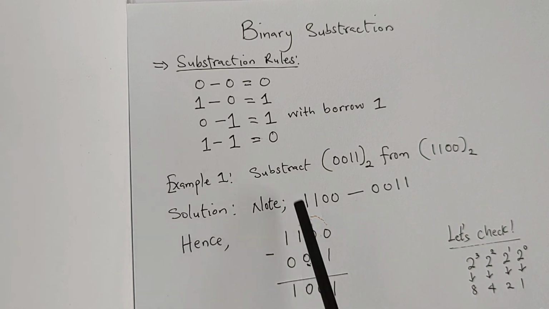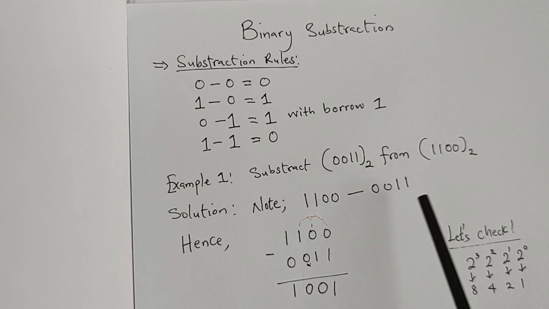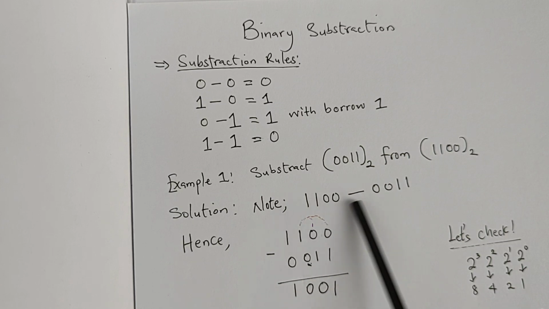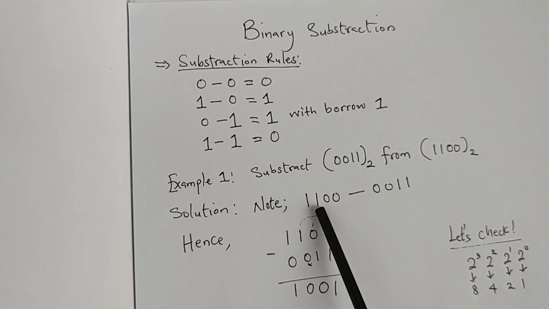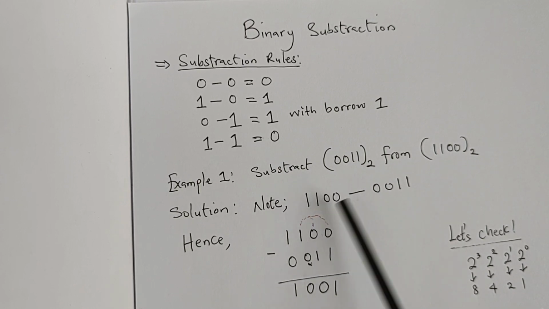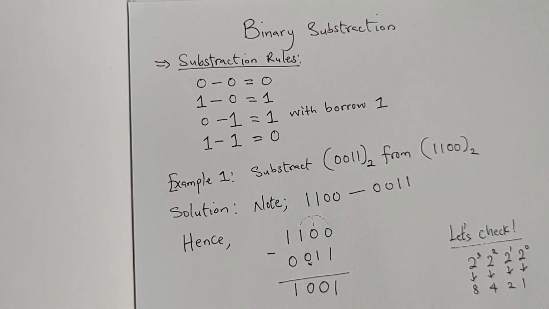In that case, we should subtract this from this. So it means that it is 1100 minus 0011. This is how to express it. It means the larger one minus the lower one. We need to understand in the binary form which is larger and which is smaller. It's very important. Hence, let's go straight into the operation of subtraction.